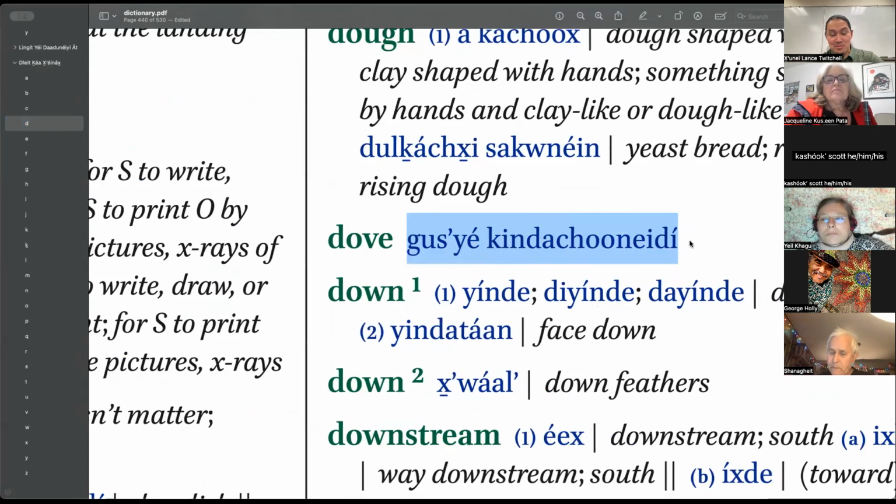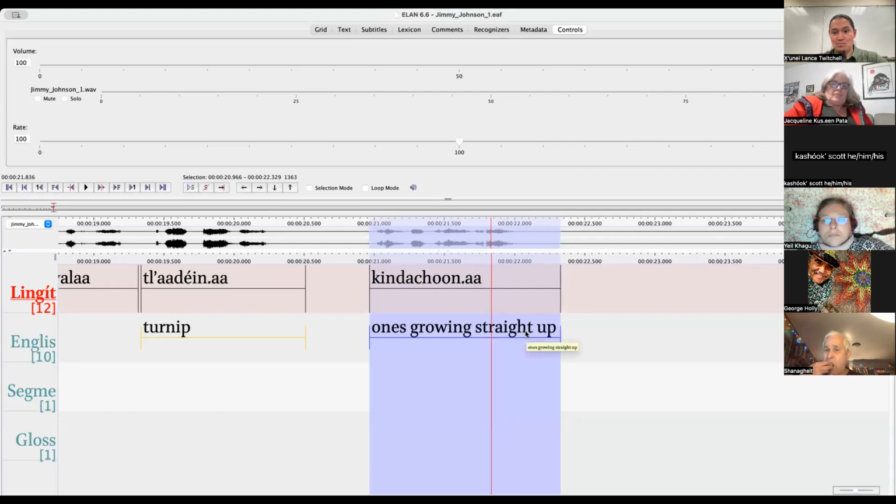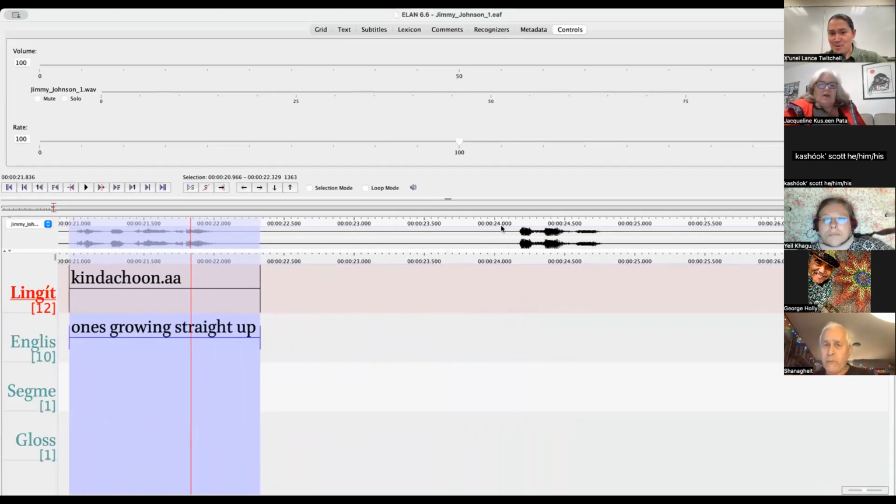Goes up through the face of the cloud. So Kindachunedi, it's called that because it flies straight up like an arrow. Basically, that's what it was explained to me. Lots of things to come back to.